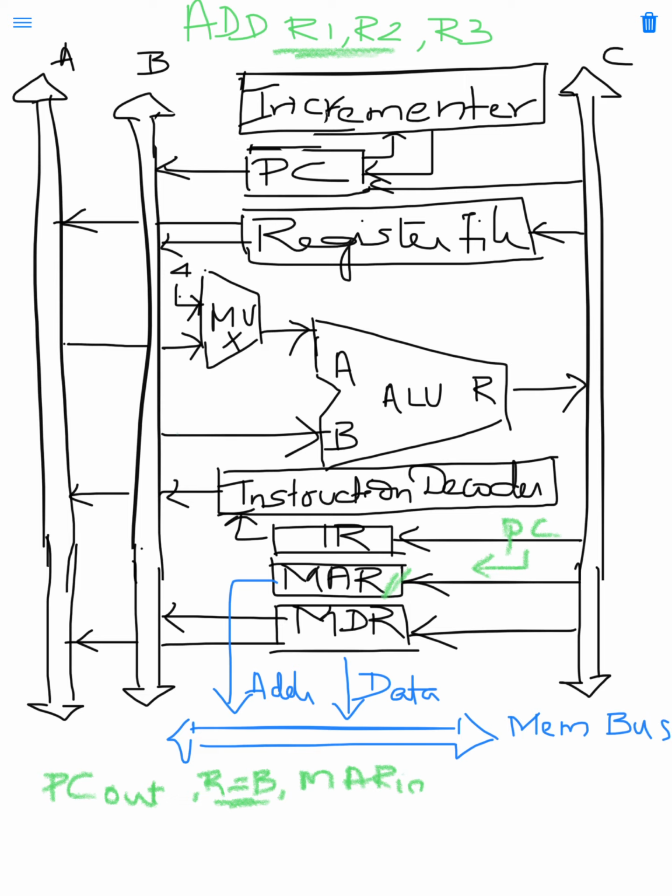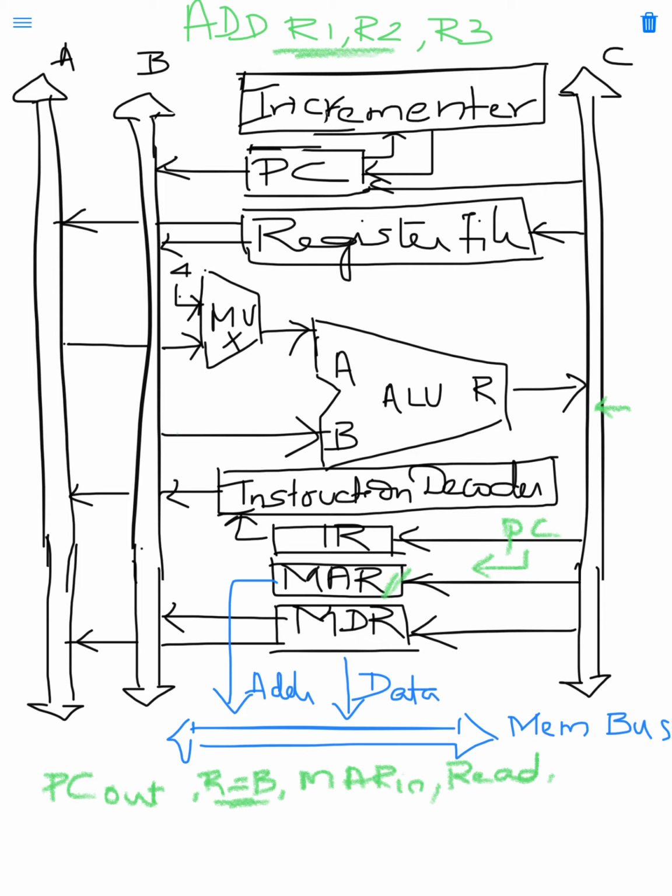Currently the address will be available in bus C, and from bus C, since MAR in signal is enabled, it will be copied to the MAR register, and then it initiates a read control signal. Once read is initiated, PC can be updated with the new address, incremented by 4.